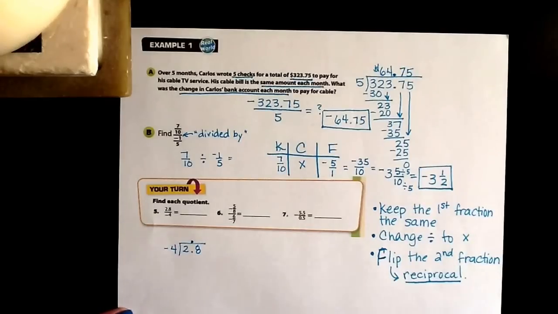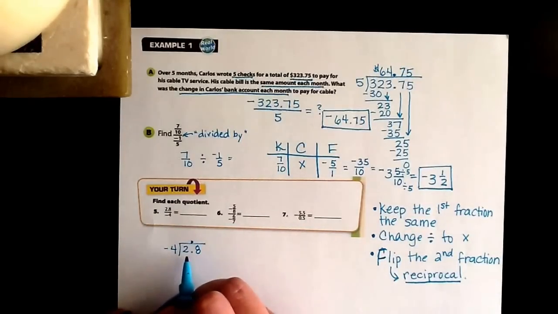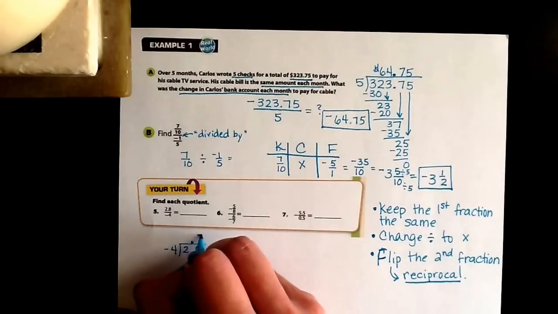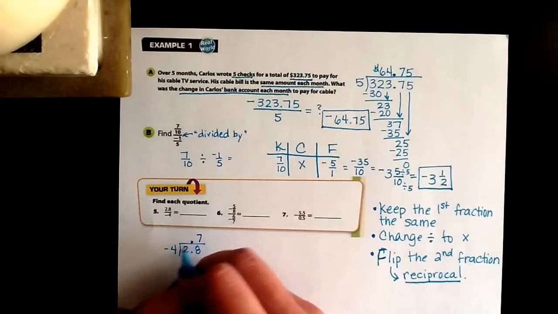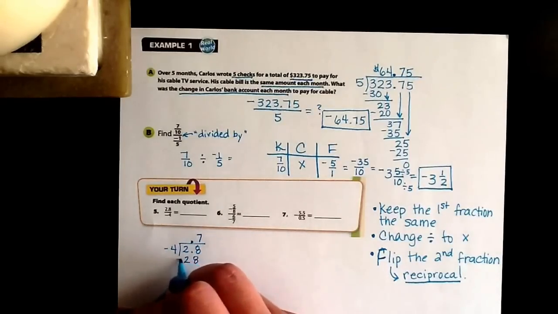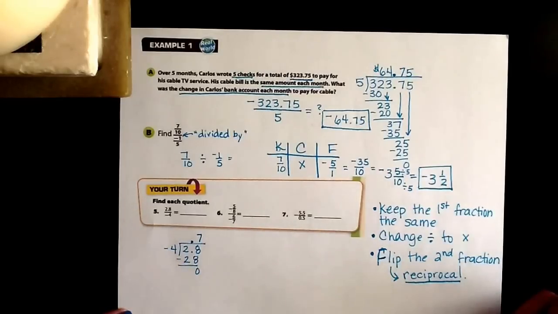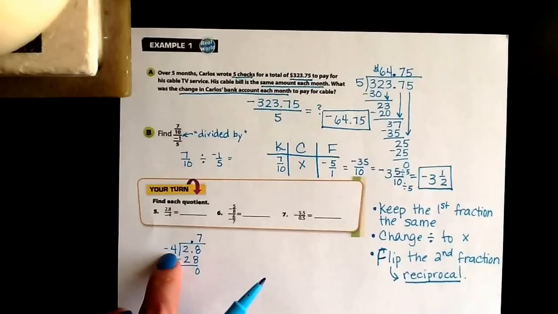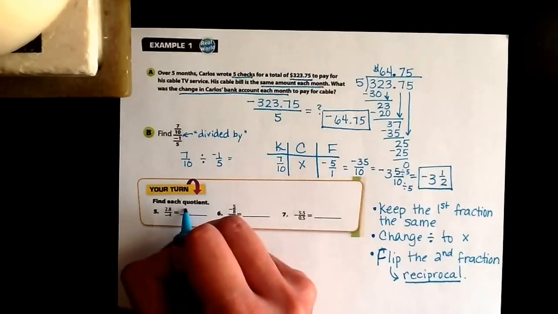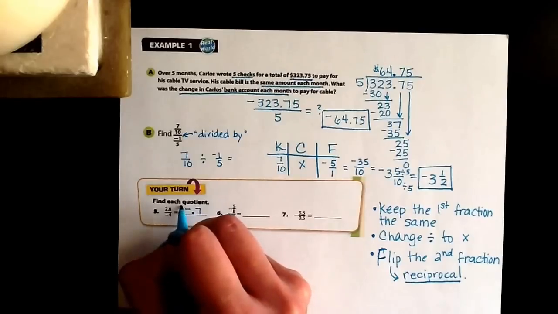You divide as if you were dividing whole numbers. How many times can 4 go into 28? 7 times. Well, when I multiply, that's 28. I already get my 0 remainder, so I'm done. It's just 7/10. But remember, I have a negative and a positive, so really my answer is -7/10.